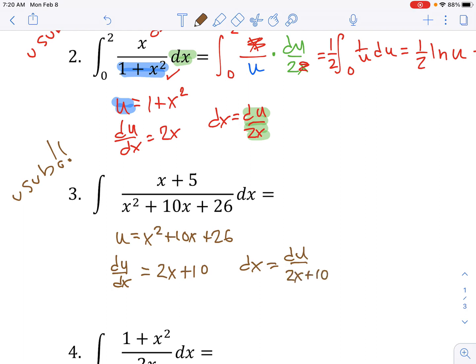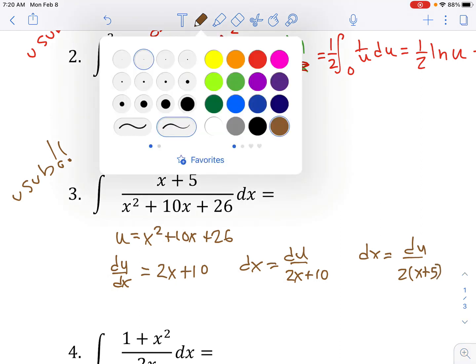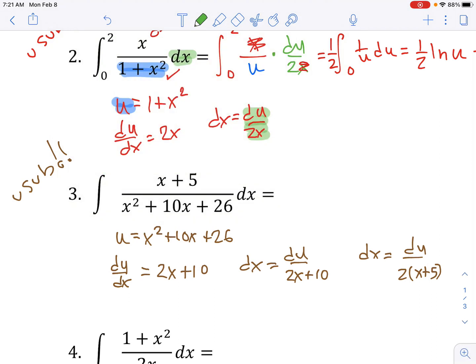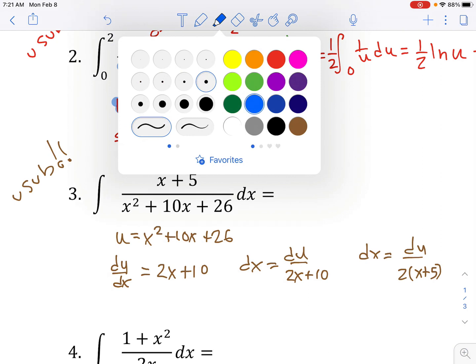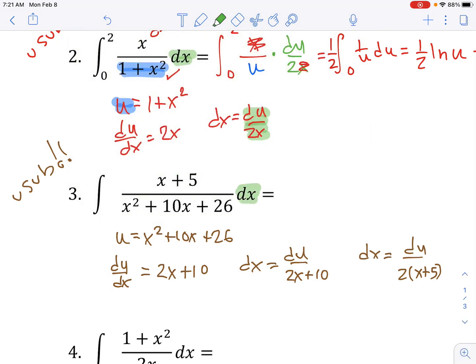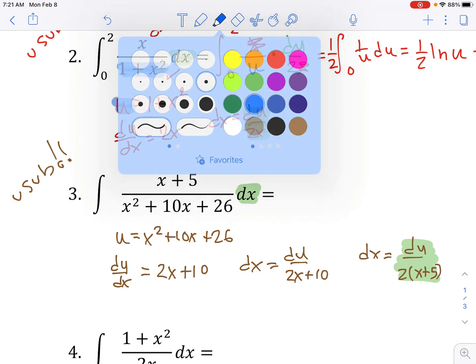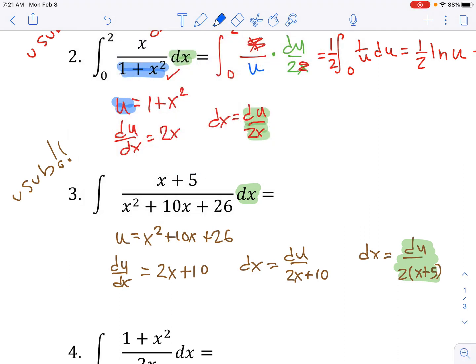I'm going to rewrite that: dx equals du over 2 times the quantity x plus 5, because that's what I want to get to cancel. That's the kind of tricky thing there. So the dx here is going to be replaced by this, and the u is going to replace this.